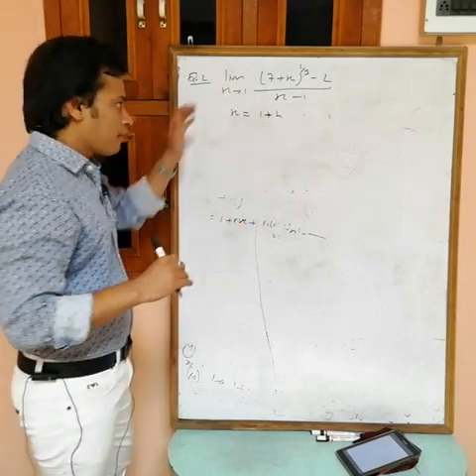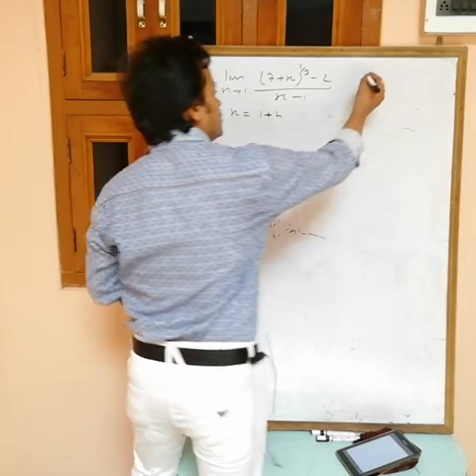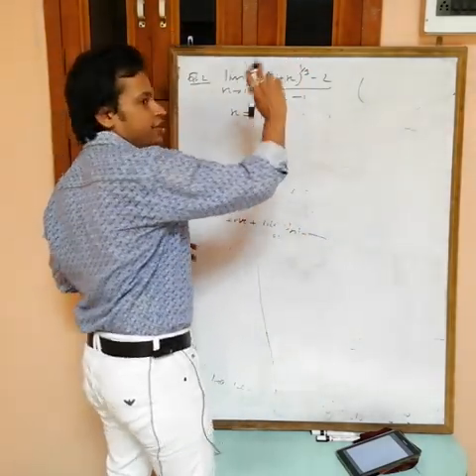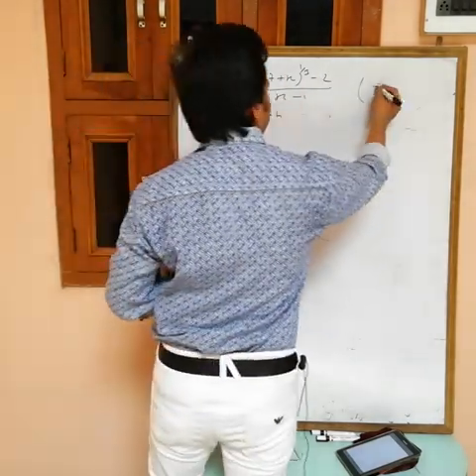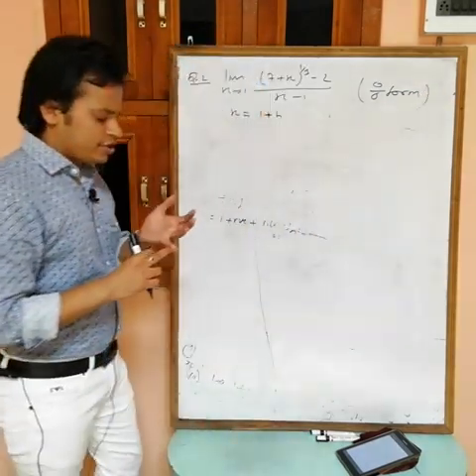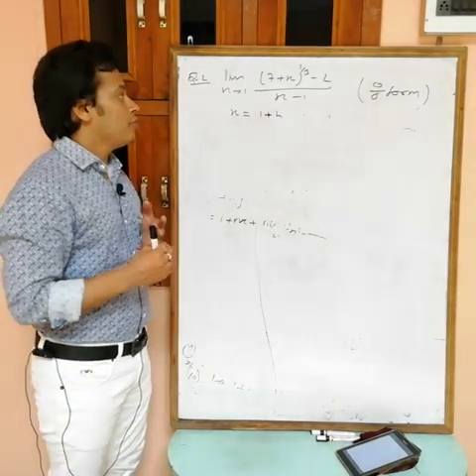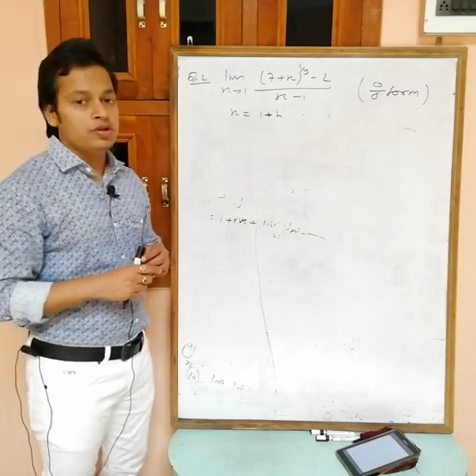One thing is clear: here we have an indeterminate form, 0 by 0 form. If you put x equals to 1, we get 8 power 1 by 3, which is 2. 2 minus 2 is 0 and 1 minus 1 is also 0. Here we have 0 by 0 form, and also there is no greatest integer function, no fractional part function, no signum function, no modulus function, or any undefined function.